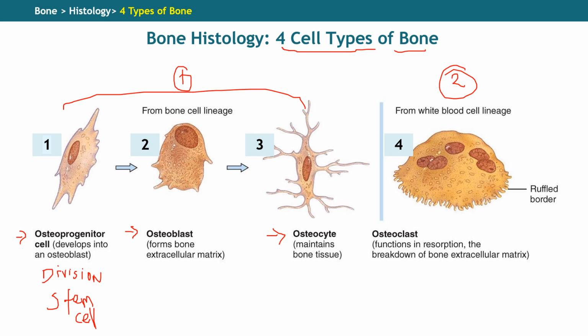So here the main function of the osteoblast will be to secrete the extracellular matrix. So it will be creating new bones. So you're going to increase bone formation. And how? You start creating all the minerals, and you're secreting all these minerals.